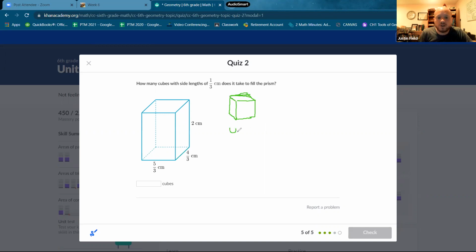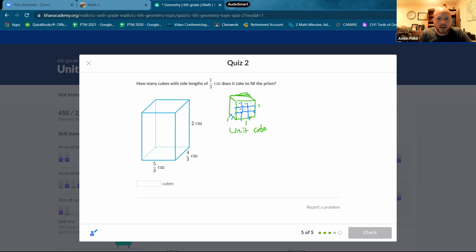All right, so this is a unit cube where each side is 1. But if we separate it like the given says into 3, now we get this little tiny cube, and we can actually fit 3 along the side, and 3 in the middle, and 3 at the top.